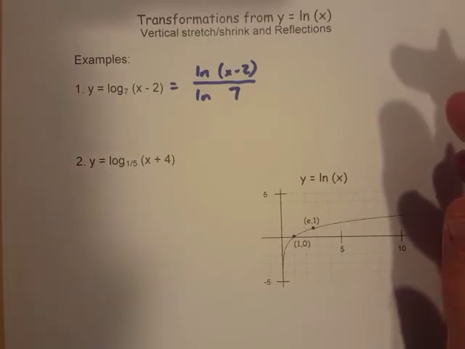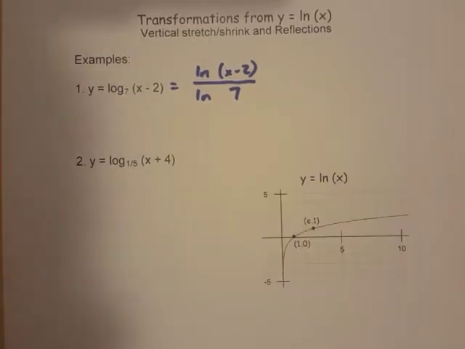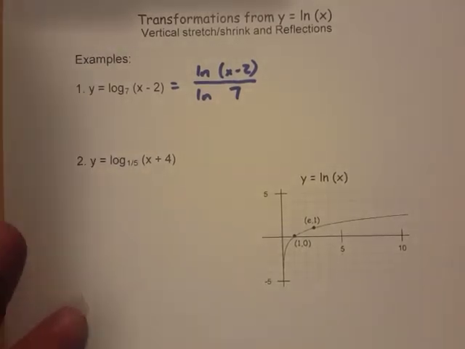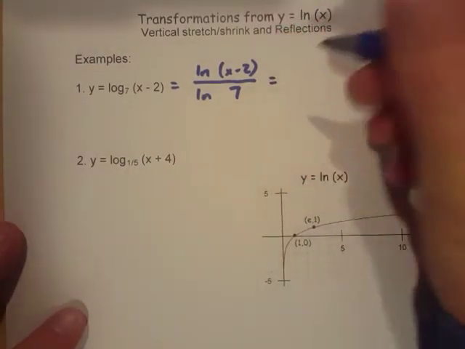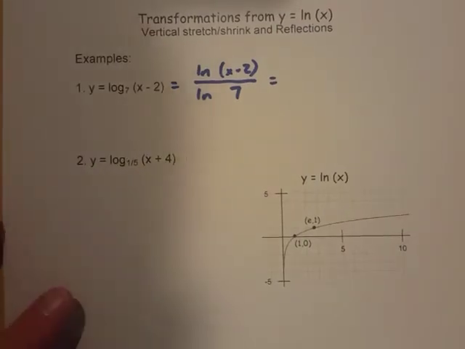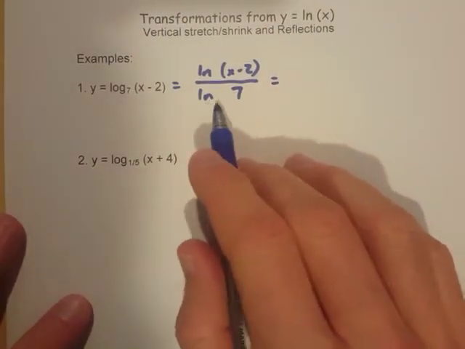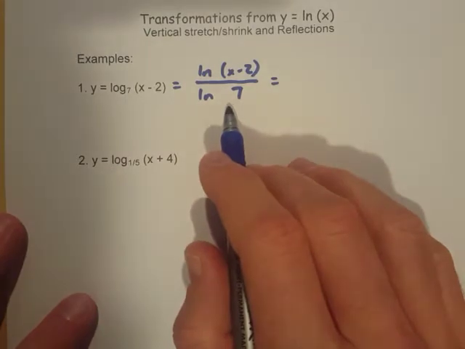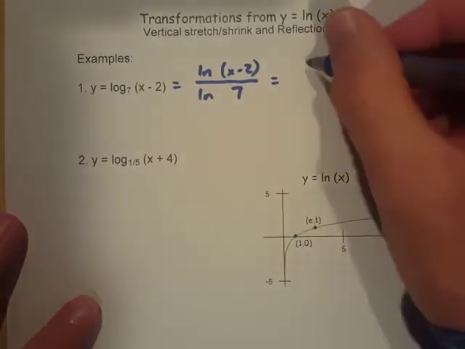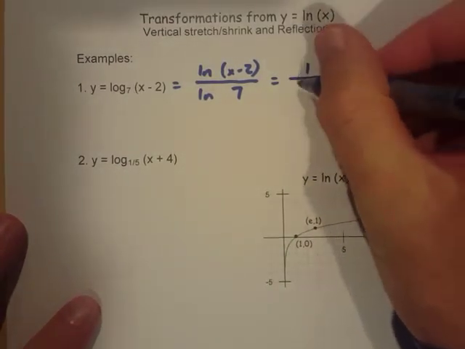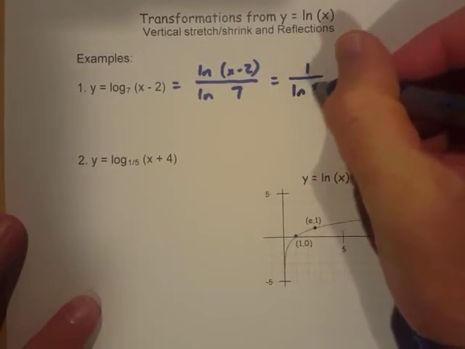Now, as far as transformations go, all the different positions remain the same, the way that we do the transformations, and so it would be good to get this into a form that is more compatible with transformations. This ln7 specifically, it's on the denominator, so dividing by ln7 is the same thing as multiplying by 1 over ln7.